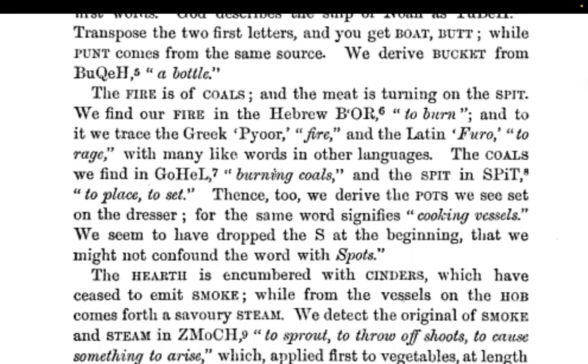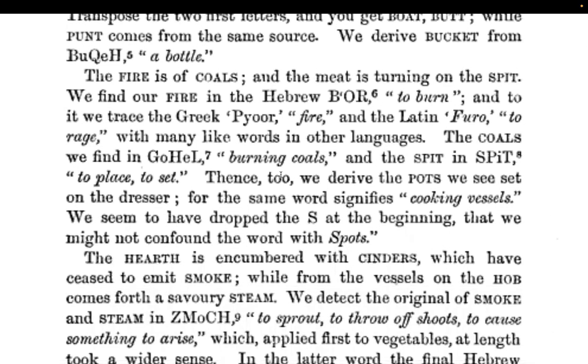The fire comes from coals, and the meat is turning on the spit. We find our fire in the Hebrew beor, to burn, and to it we trace the Greek peor, fire, and the Latin furo, to rage, with many like words in other languages.